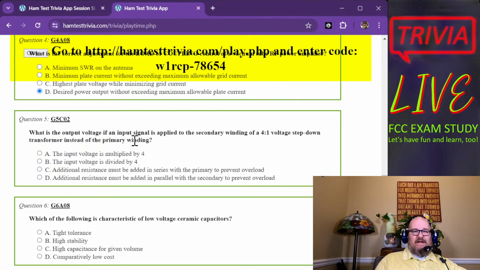It's also a good way to get hurt, but usually a step-down transformer, 4-to-1, should step down by a factor of 4. So we're going backwards now. Instead of going down by 4, we're going to go up by 4. So the voltage input would be multiplied by 4.